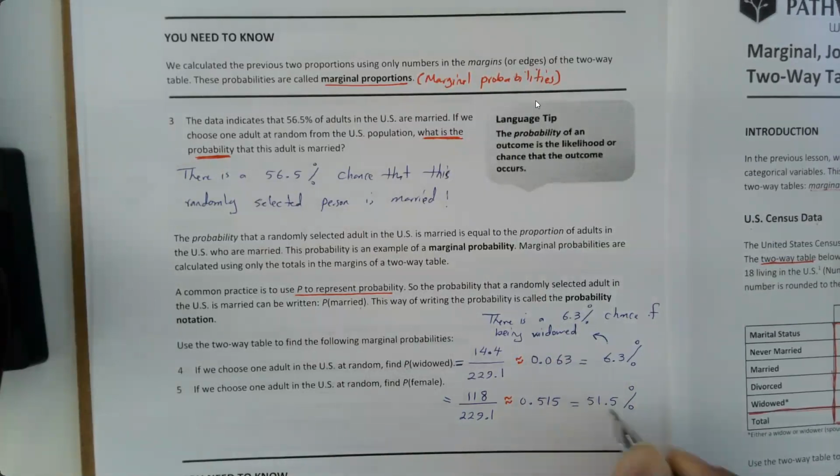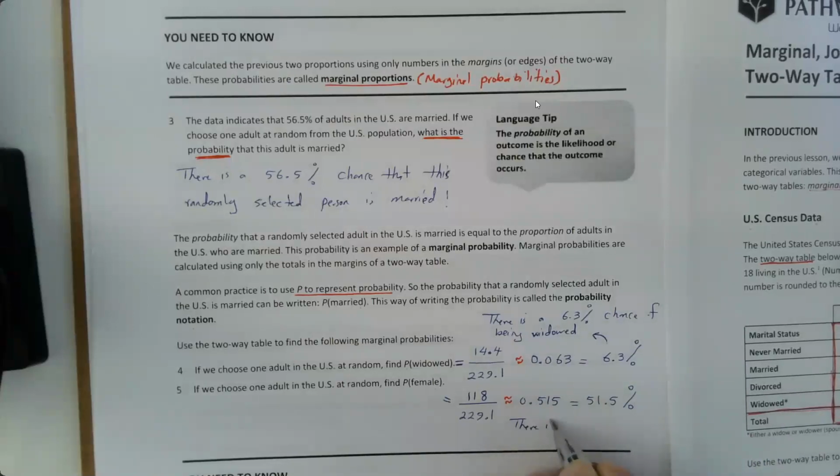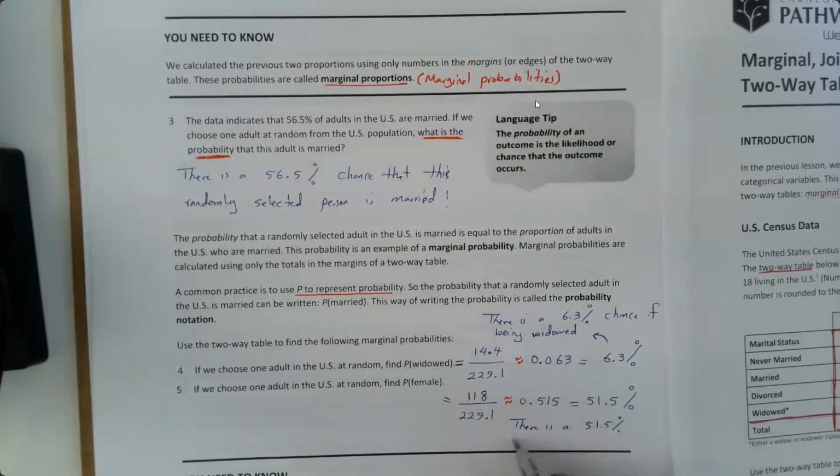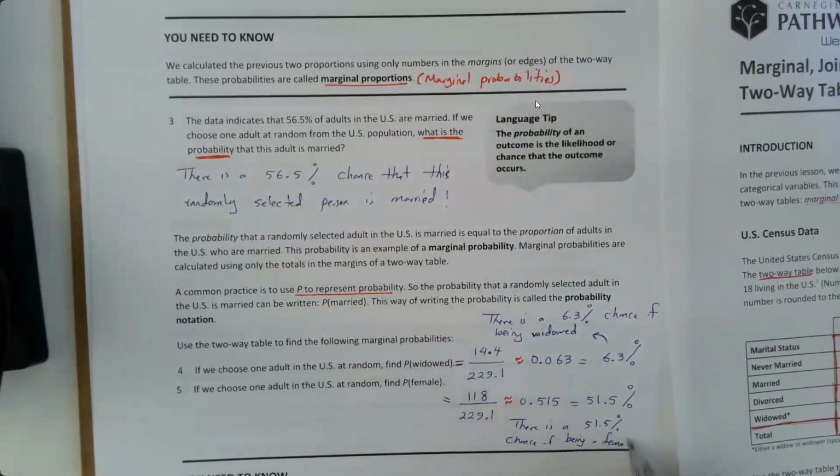Again, the interpretation is there is a 51.5% chance of being a female in this population.